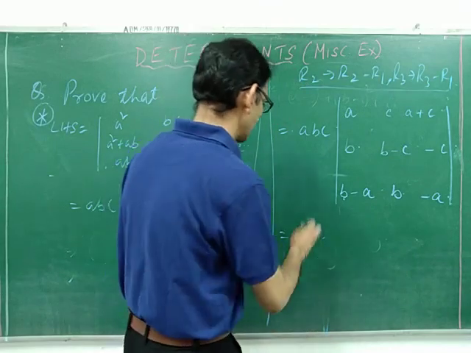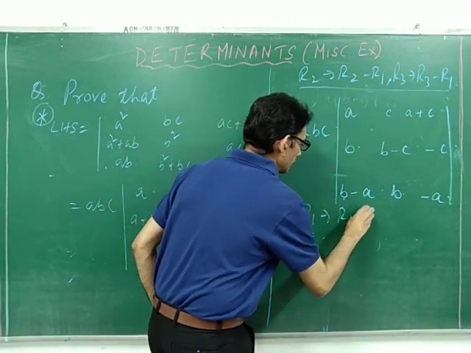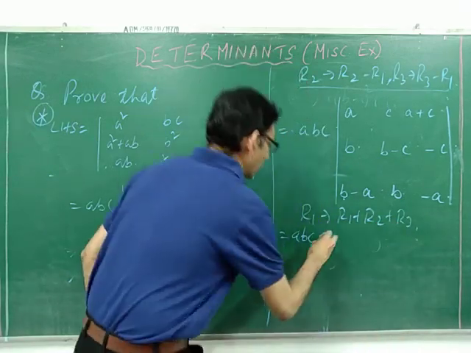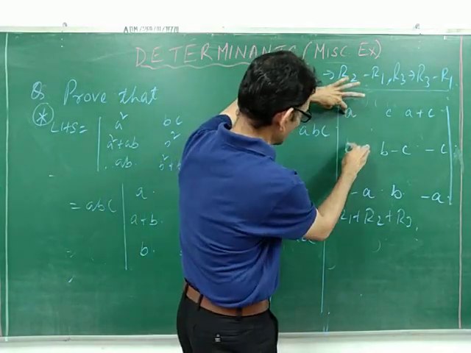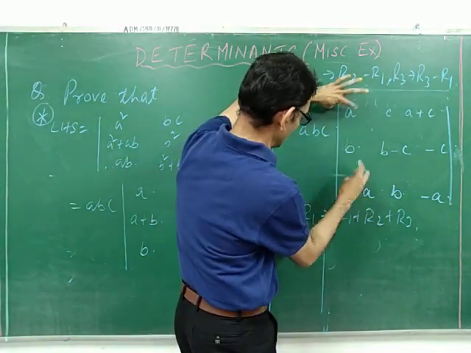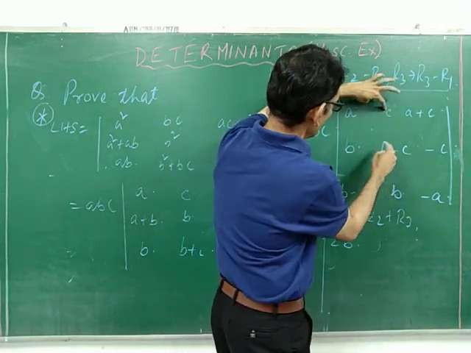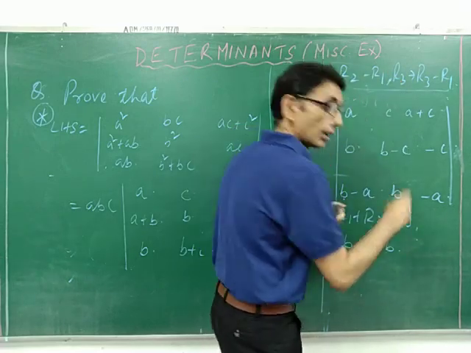Okay, so the next step is R1 plus R2 plus R3. Remember this. Okay, so if you add, A plus B minus A cancels out, you will get twice B. And if you add C plus B minus C plus B, C cancels out, you are going to get twice B. Right?